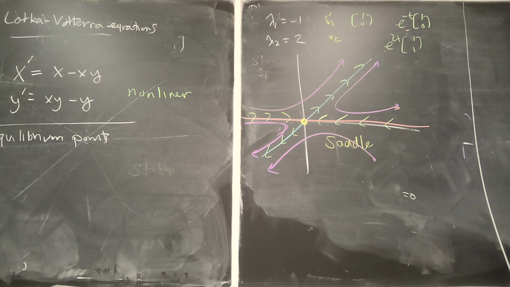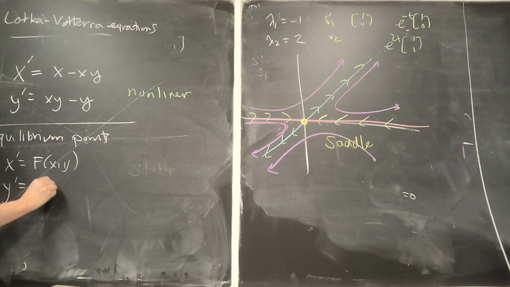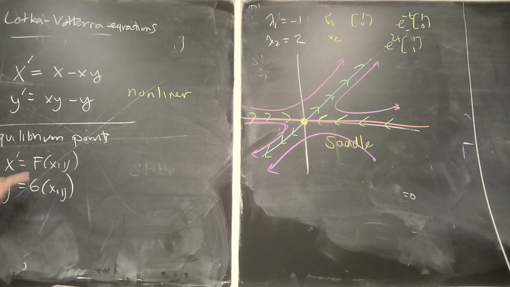To analyze the system, I need to identify all the places where the system will stay at rest. So the way that I do that is I'm going to think of x prime as being a function f of x and y, and y prime as being a function g of x and y. This is the general form of a first-order system of equations. Now, these don't have to be linear anymore, so there doesn't have to be a matrix involved.